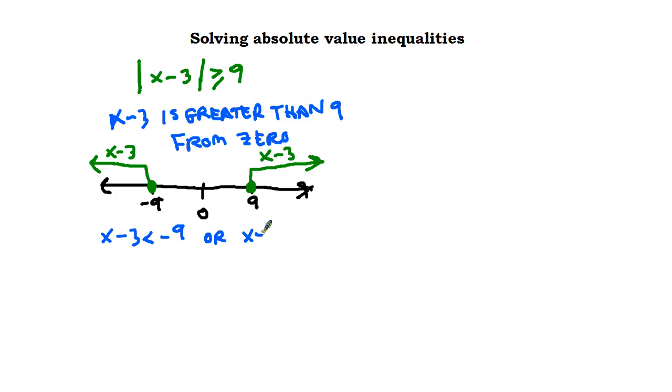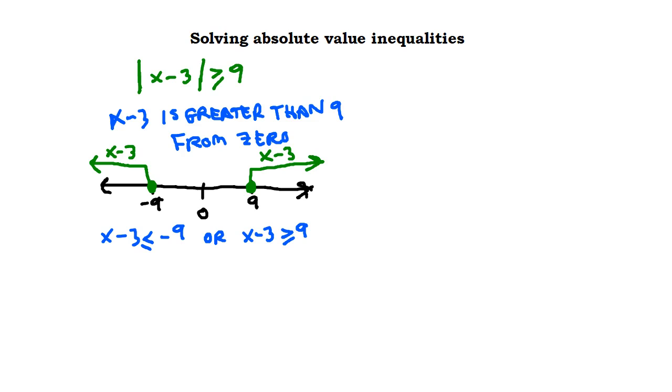So x minus 3 can be greater than 9. And because we had the crayon up there, we'll use the crayon here as well. And now I've got two inequalities, a compound inequality, that I can now use to figure out what values x can have. These are the values that x minus 3 can have.